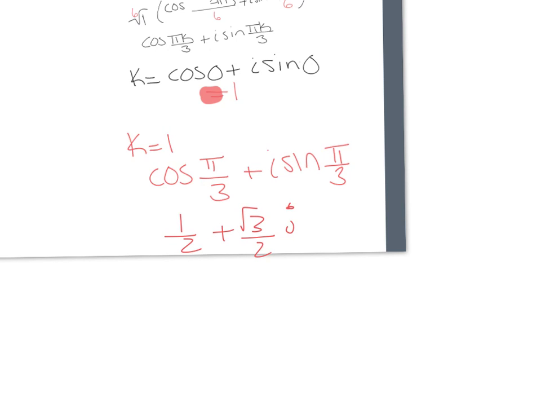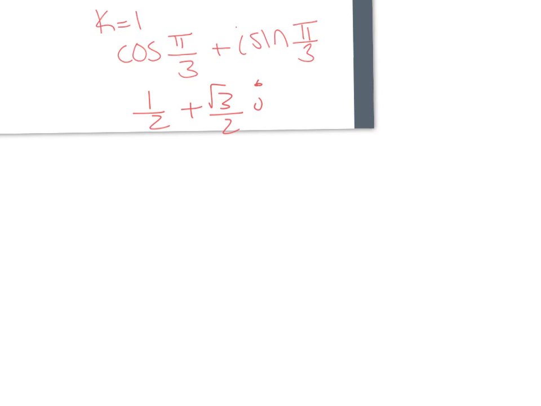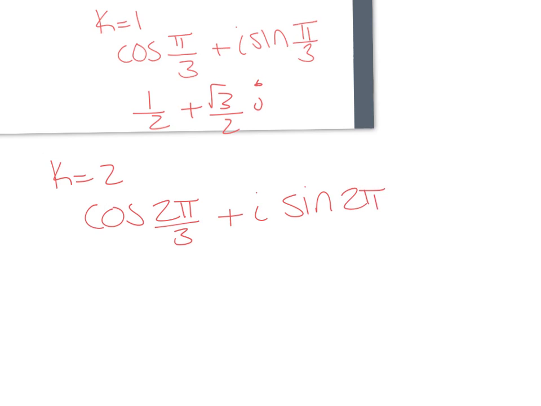i. Now we're going to go ahead and find k equals 2. So cosine 2 pi over 3 plus i sine 2 pi over 3. And at 2 pi over 3, cosine's negative a half plus radical 3 over 2i.